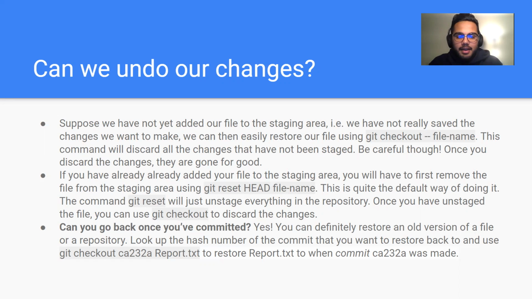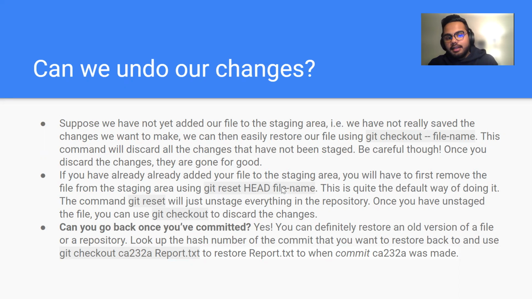Well, let's just say you've gone a step further and you've added your files to the staging area. So this would mean that you've saved the changes. The way to go about undoing the change in this case is that you'll have to first remove the file from the staging area, and that can be done using git reset.